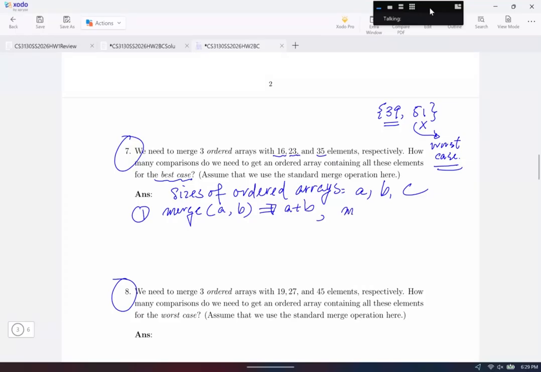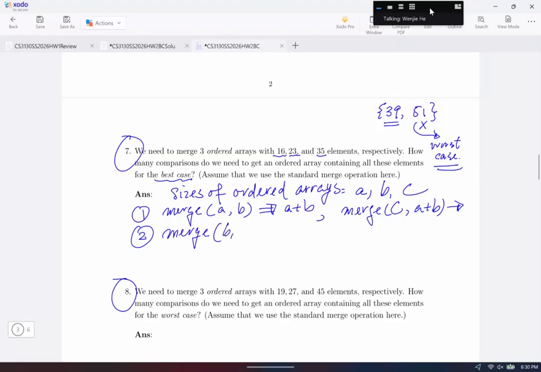Then you merge C and A plus B. There is another way, because when you change the order, your result could be different.